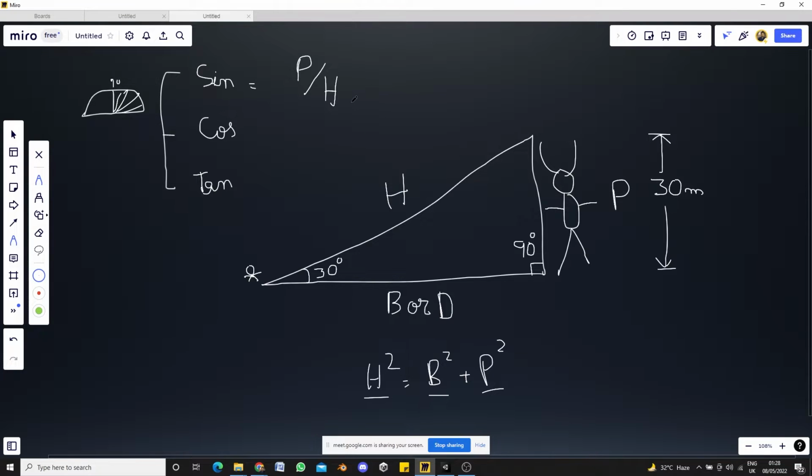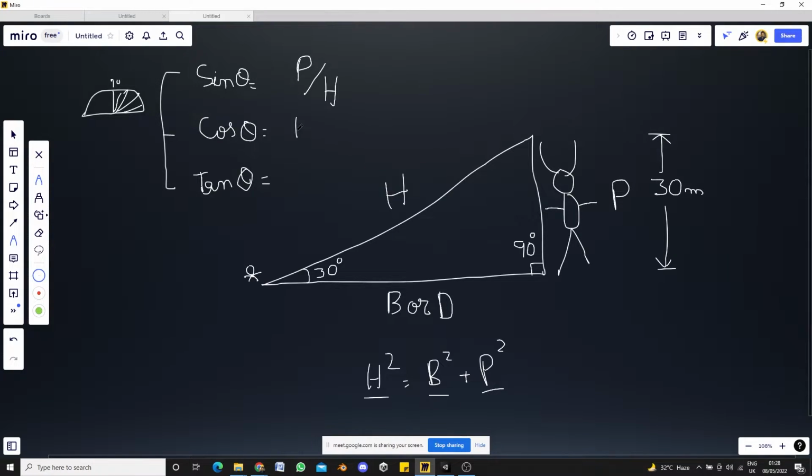Sine theta equals p upon h. With every function, either sine, cos, or tan, you always have to write the theta. Theta means the angle, because in trigonometry we always deal with the angle. So the sine formula is p upon h, perpendicular upon hypotenuse.